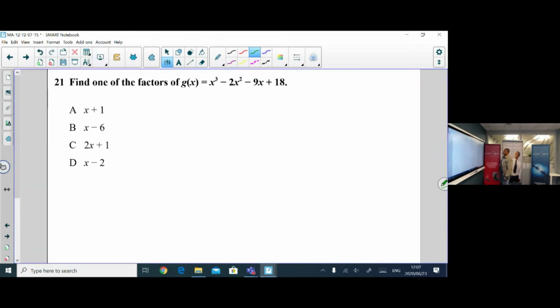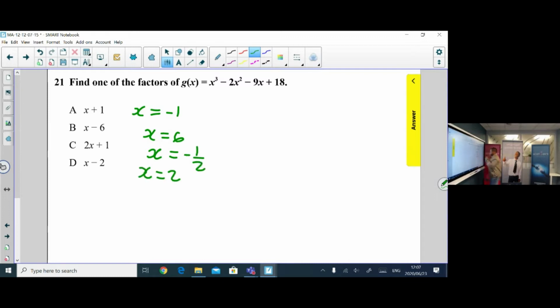We also mentioned that in a situation where you have this, you can simply substitute x equals -1, x equals 6, x equals -half, x equals 2, into this equation, and you might find out that by using one of these, you can get to your final answer.